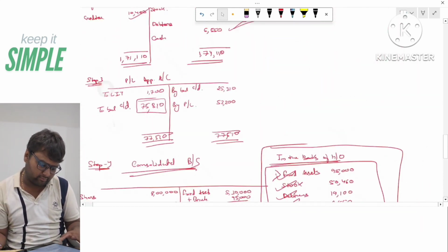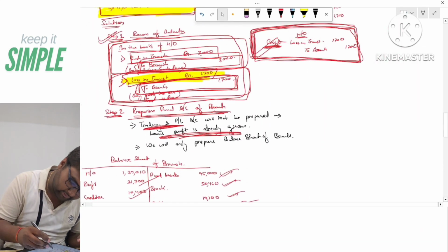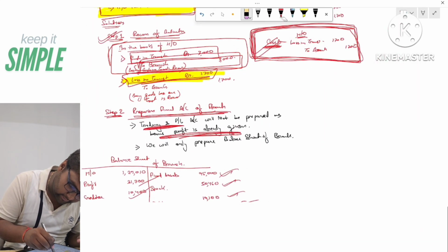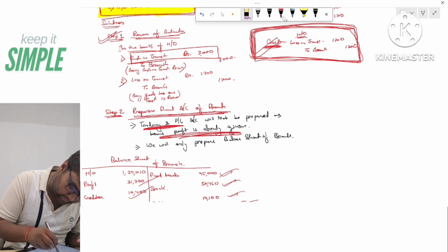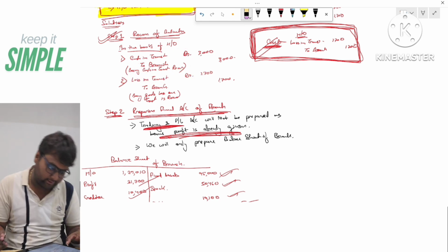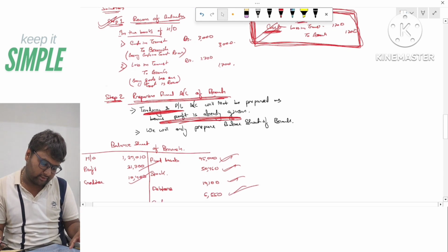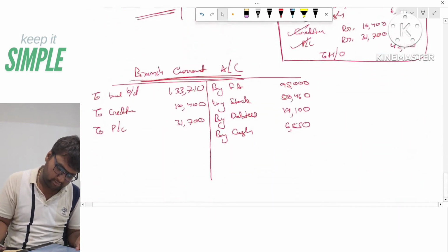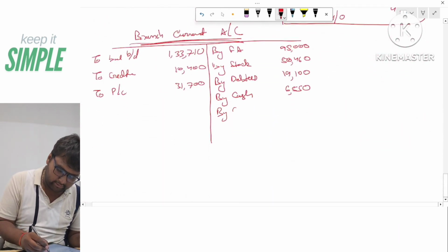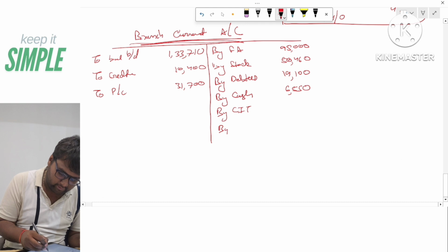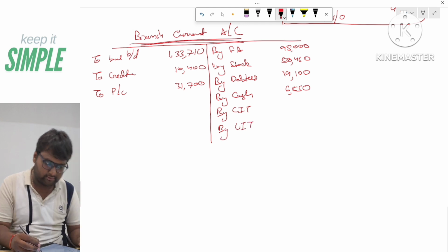Okay. Then two more entries were there, adjustment entries. This also we have to pass. So cash in transit debit and loss in transit debit. So by cash in transit, by loss in transit. How much? 3,000, 1,700.